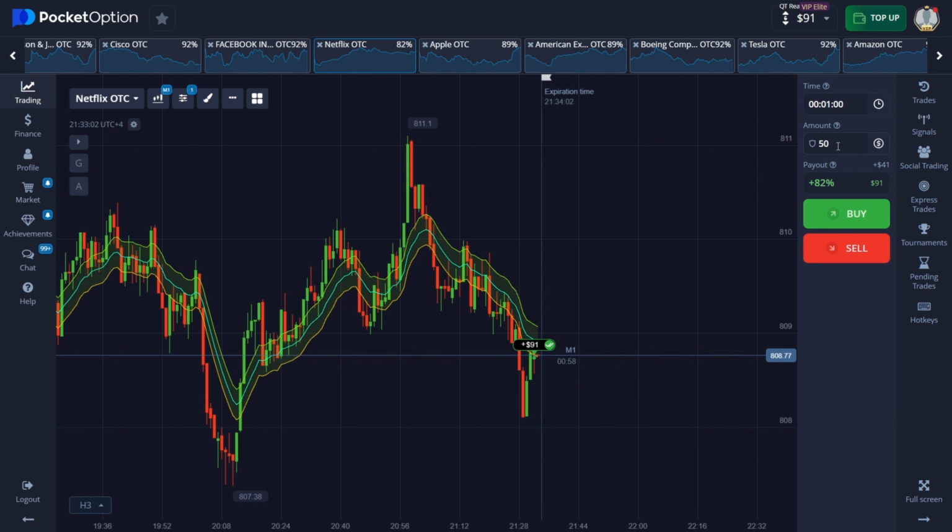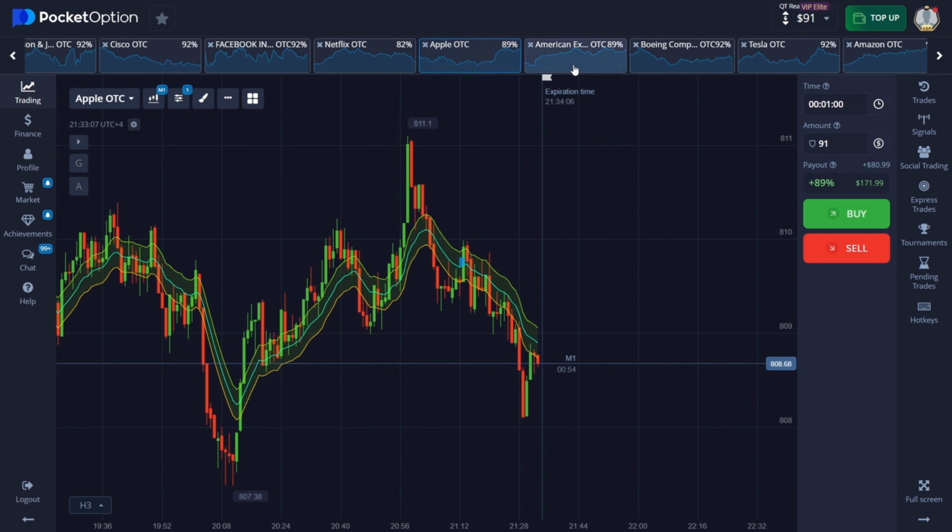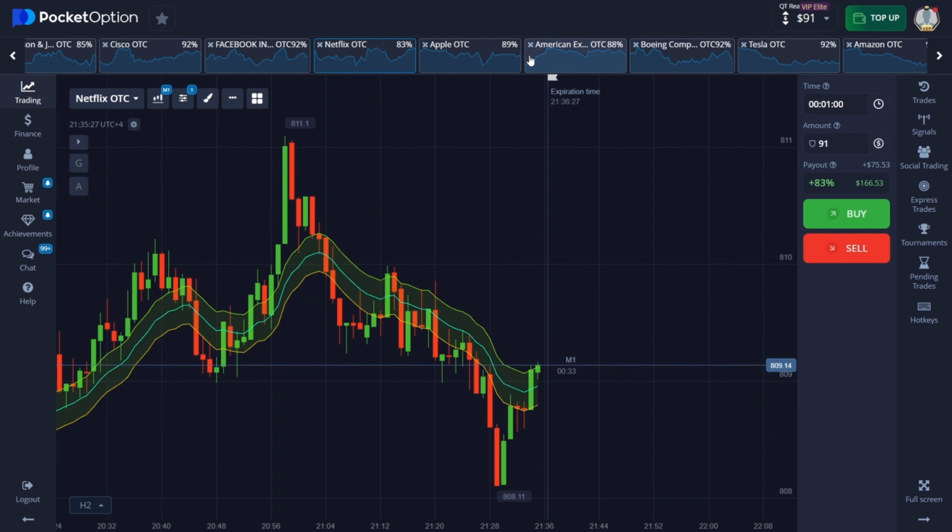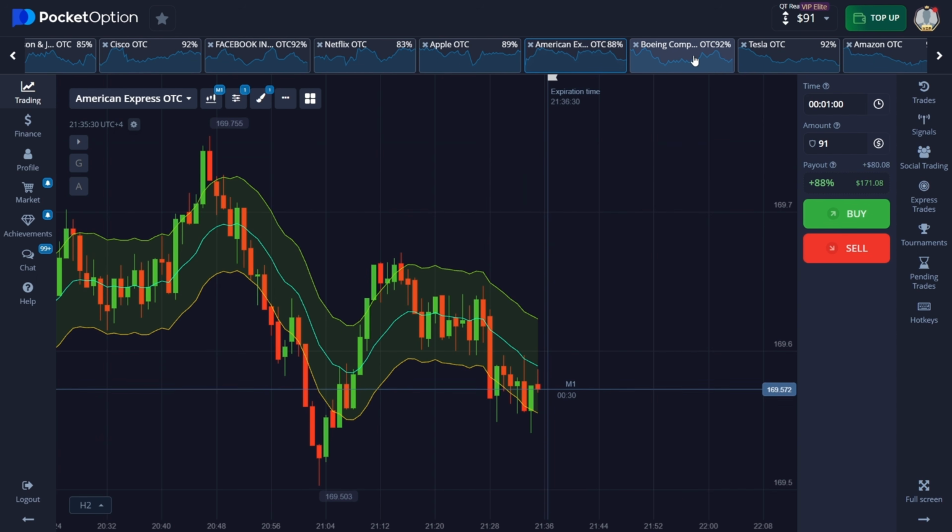My balance is now $91, so let's find a trade for $91. We have a trade on American Express OTC. If this candle closes as a green candle near the middle envelope level, we can consider a downside move.